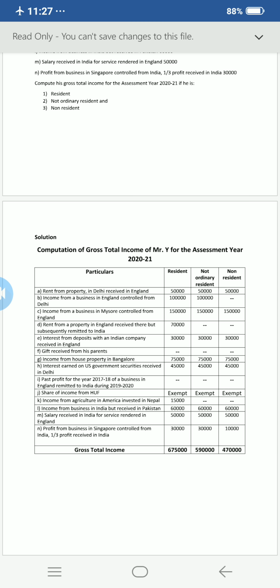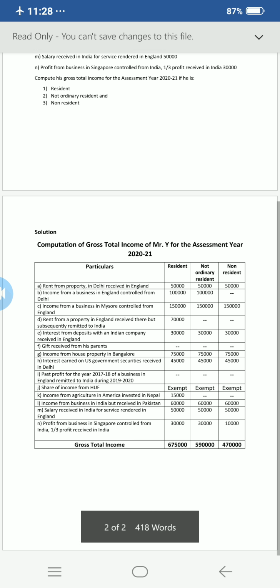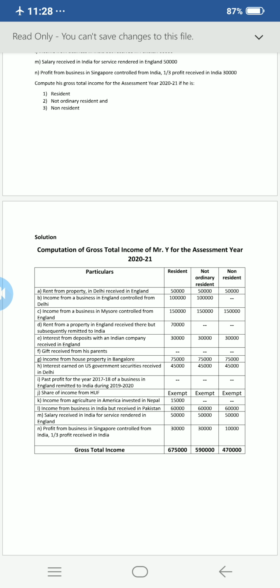If Mr. Y is a resident, his gross total income is 6,75,000. If he is a not ordinary resident, 5,90,000. And if he is a non-resident, 4,70,000. Okay, so this is the solution.